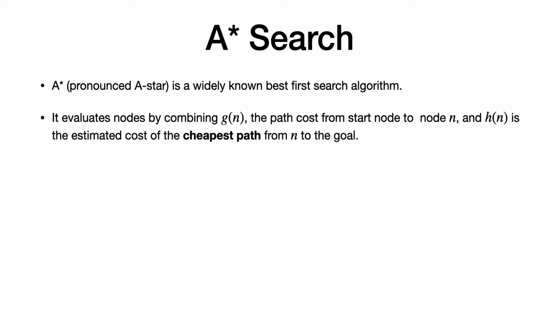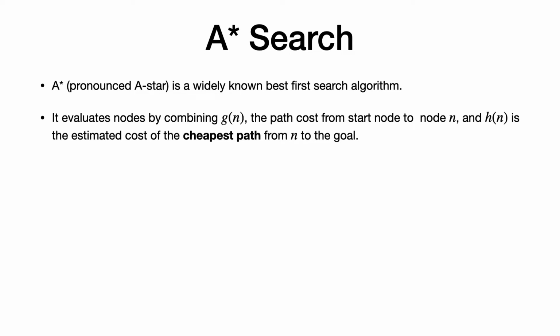It evaluates nodes by combining g of n, which is the path cost from the starting node to the node n, and h of n, which is the estimated cost from node n to the goal node in the cheapest path. So there are two components in the evaluation function.